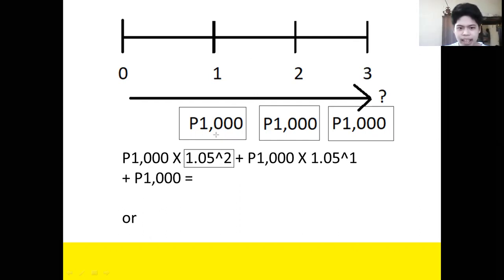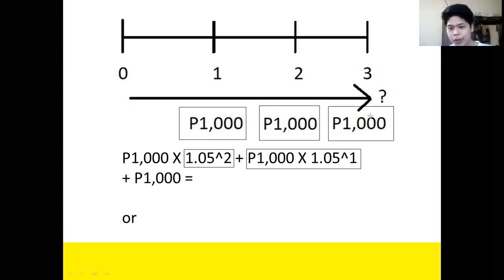Okay? Ito naman, ilang period? Di ba? Isang period na lang. So that's why we will multiply 1,000 pesos times 1.05 raised to 1. Bakit 1? Kasi isang period na lang ang natitira.